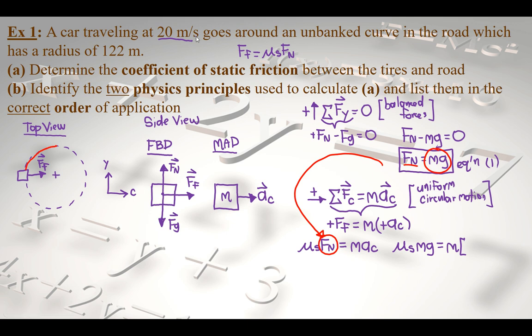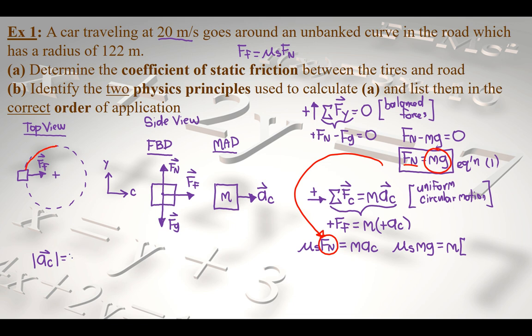This is what I was saying: you solve these questions exactly like a dynamics question, except you have some extra equations for speed and acceleration. So we'll go to the formula sheet and pull this equation off. We know that the magnitude of your centripetal acceleration, from the formula sheet, is equal to v squared divided by r. So let's write that down here.